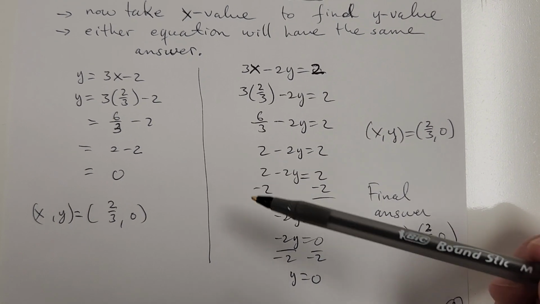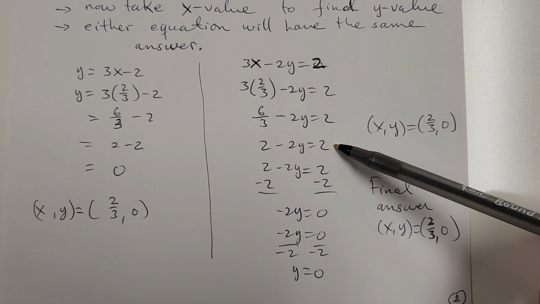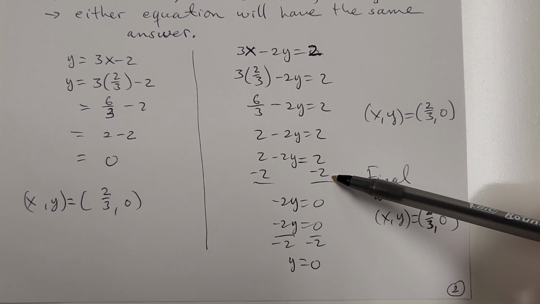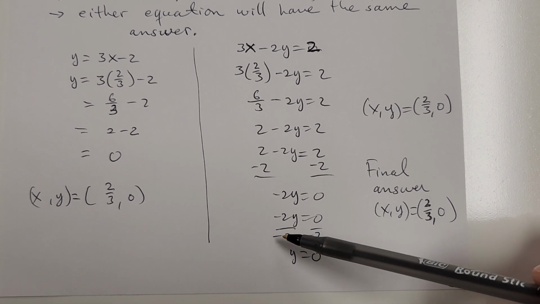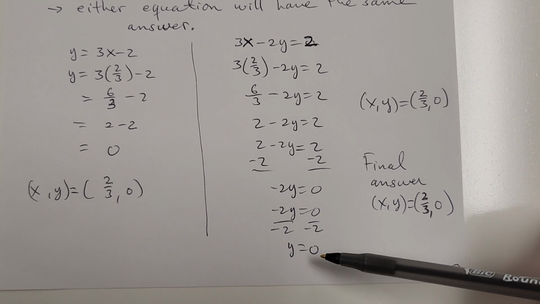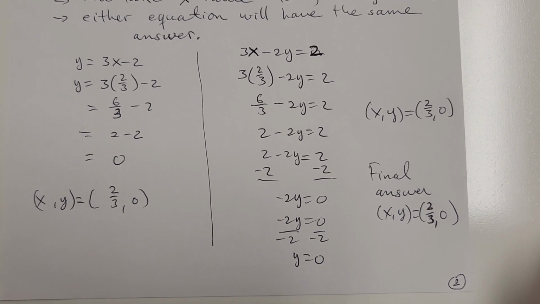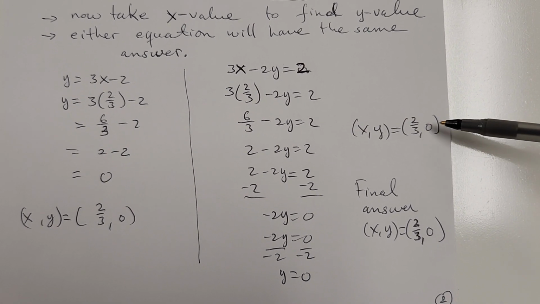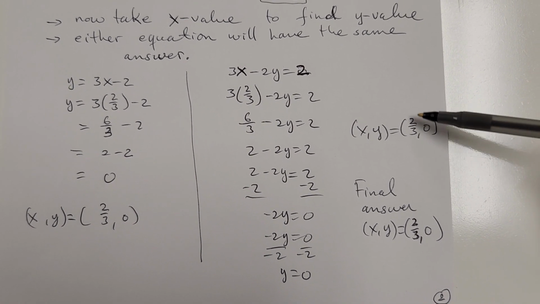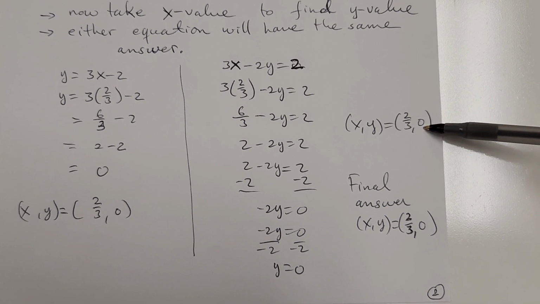Okay, next I want to bring this 2 over to this side, so subtract 2, so that gives me 0. Bring down the negative 2y. Now divide by negative 2, y is 0 also. Okay, and make sure you write your answer as x comma y. So my x is 2/3, my y is 0.